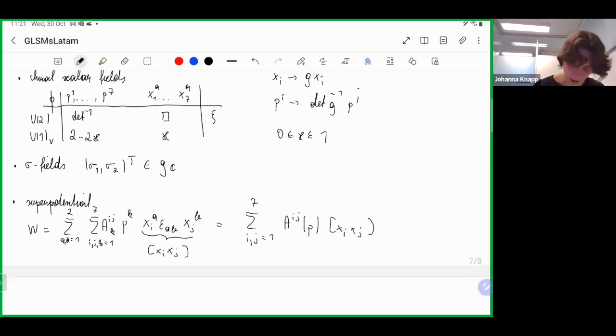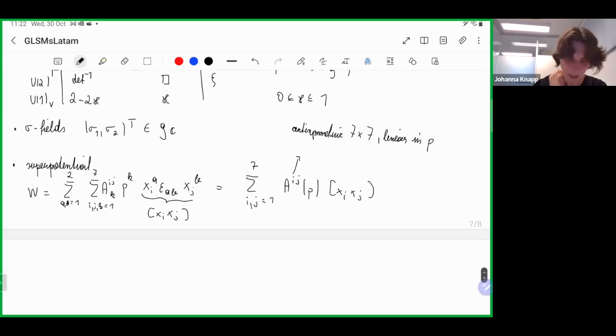And because the x_i, x_j bracket is antisymmetric in i and j, A_ij is an antisymmetric 7x7 matrix, linear in P. And that will play a role when we discuss the phases. So this is a gauge invariant superpotential with 7 fundamental fields, 7 determinantal fields, and with these R charges. So it satisfies our conditions.